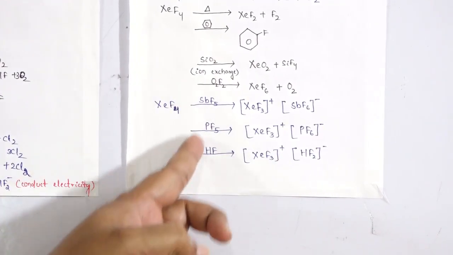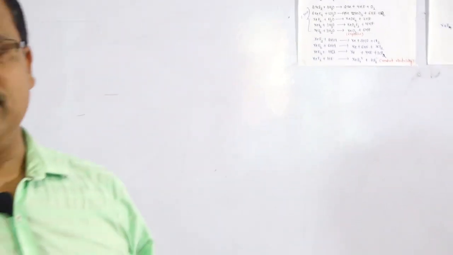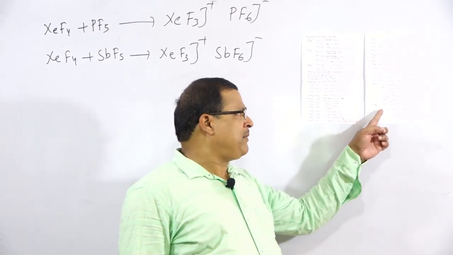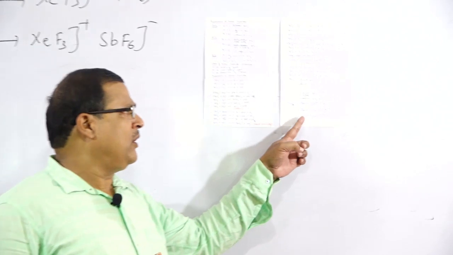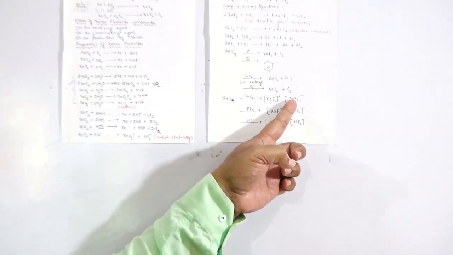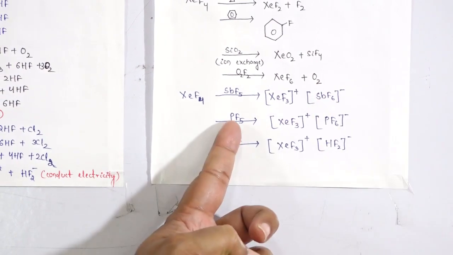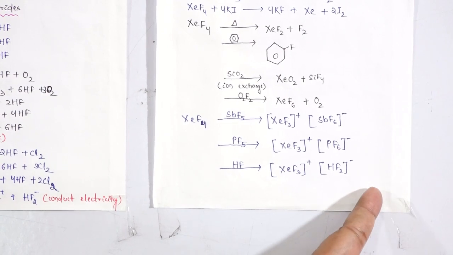These three reactions indicate that xenon tetrafluoride has the ability to produce F minus, which is accepted by SbF5, PF5 or HF to form SbF6 minus, PF6 minus and HF2 minus.